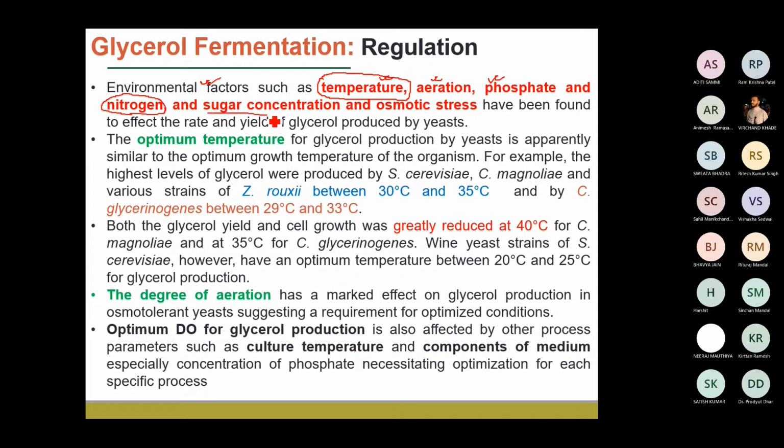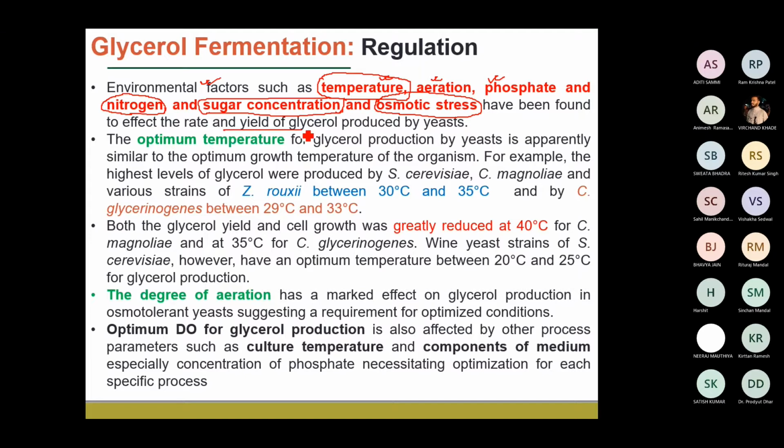As I already discussed, the sugar concentration, that is the glucose or any other initial sugar, how much is there, and what is the osmotic pressure on the cells because of the production of glycerol. These are the parameters which affect the rate and yield of glycerol production.